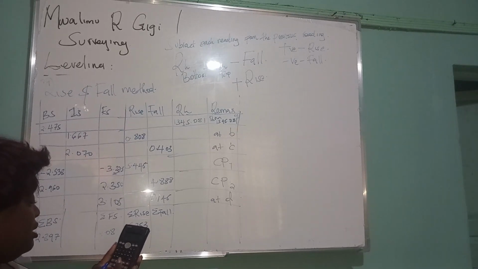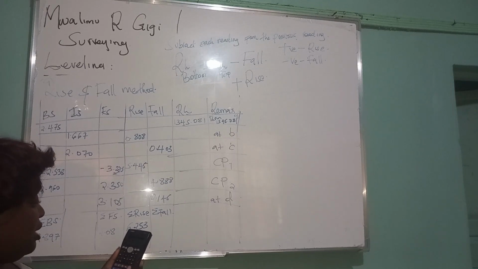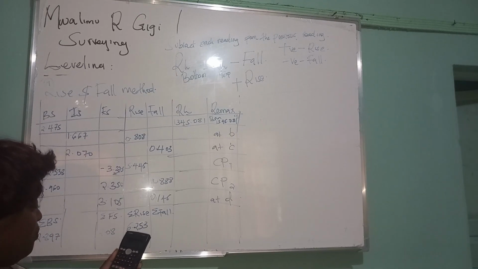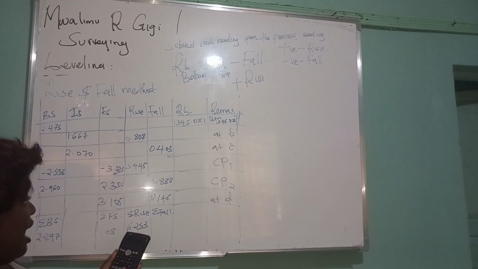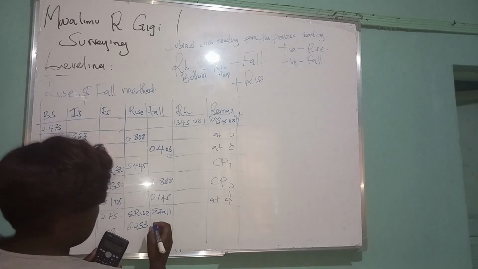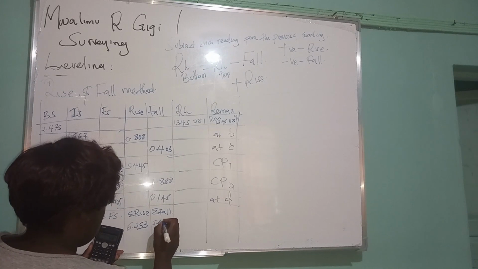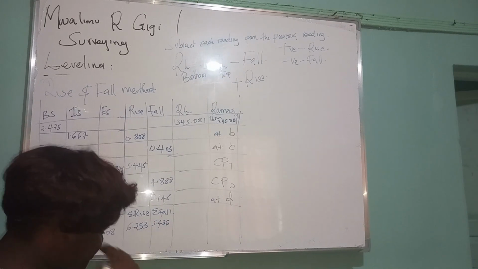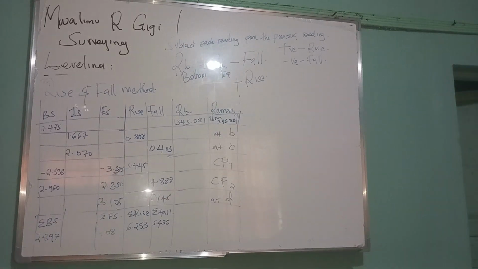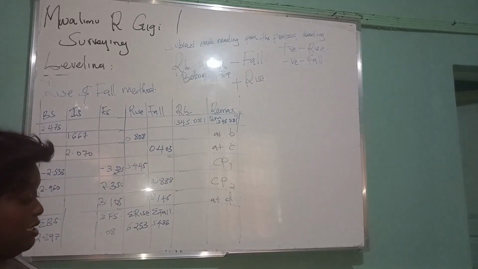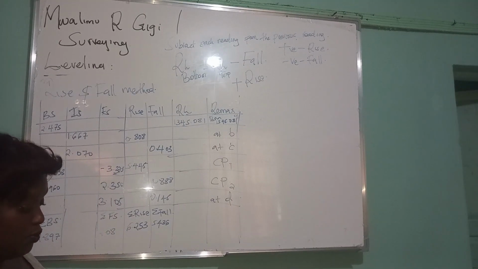Then 0.403 plus 4.888 plus 0.145 is 5.436. Let me just check.